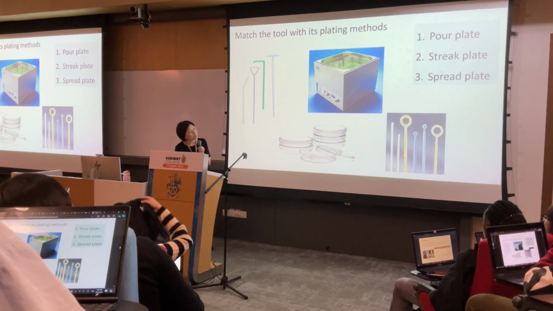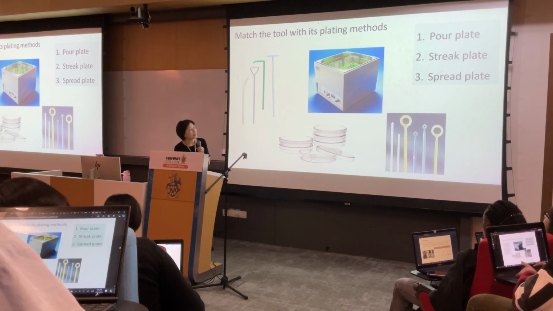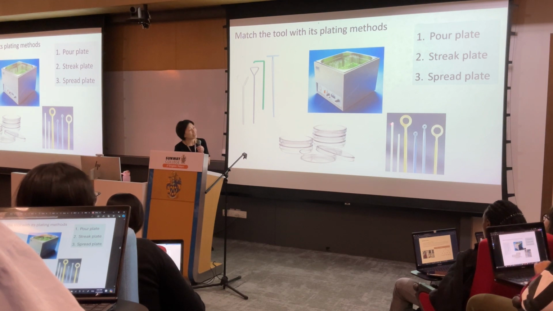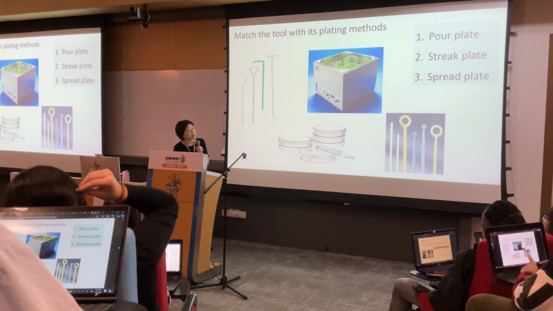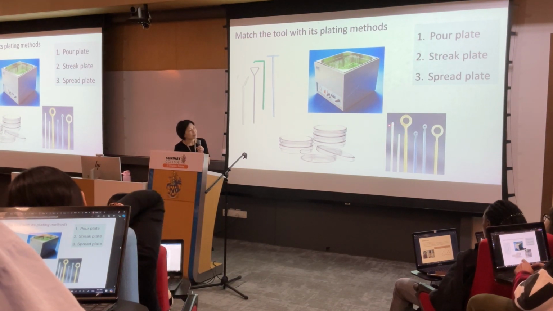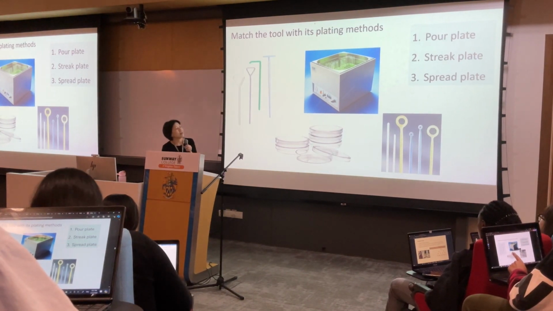This is also disposable, which is plastic. You only use it one time and you throw it away. Also quite expensive. And this very sharp one is for inoculation. It isn't used for streaking the plate. This loop is used for streaking the plate, but this one just picks up the colony and dips it into the broth for culture, that's all.